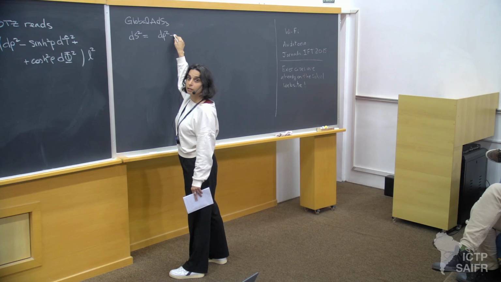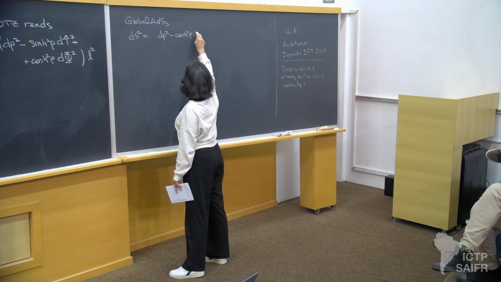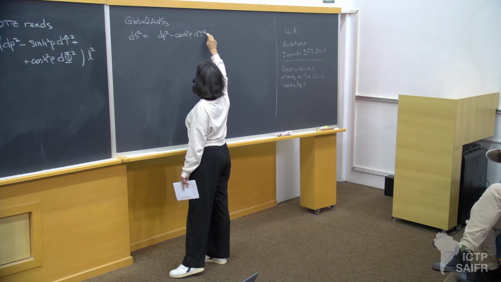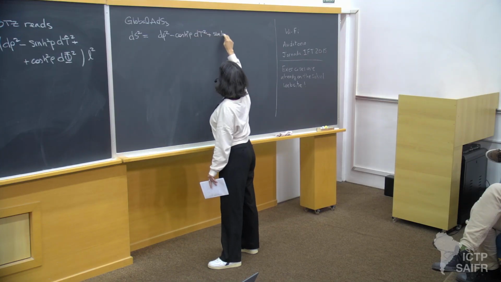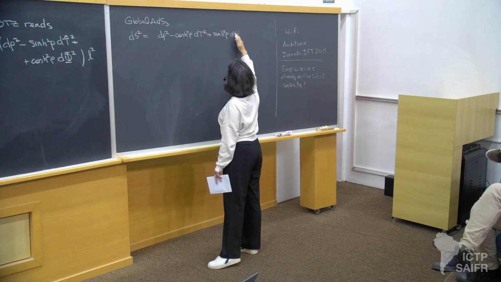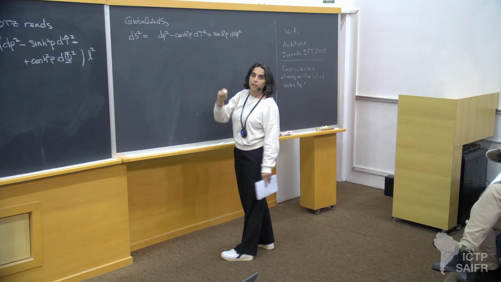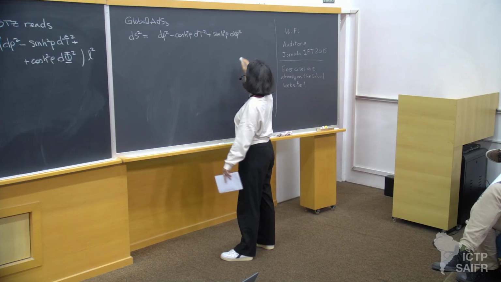Minus what? Let's call this one, since I'm using phi now for BTZ, let me call this d phi squared, right?